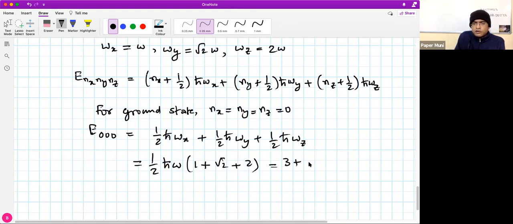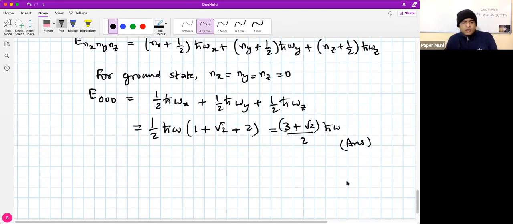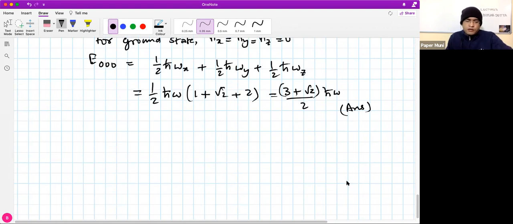So if you solve this, you'll get 3 plus root 2 by 2 h cross omega. So this is the answer. Right? Everybody is getting this answer.